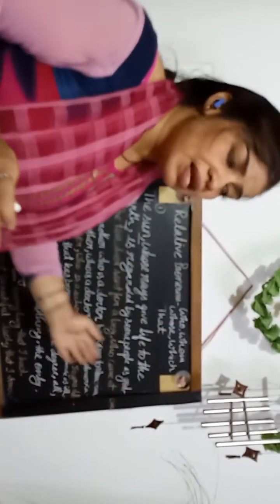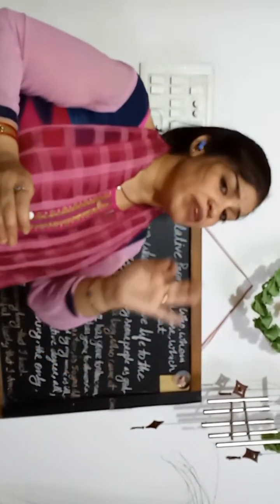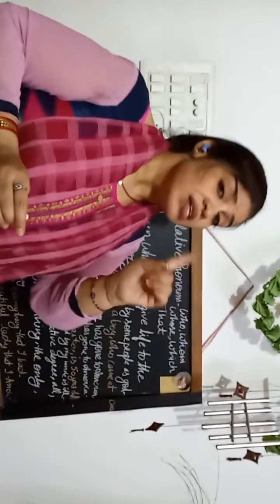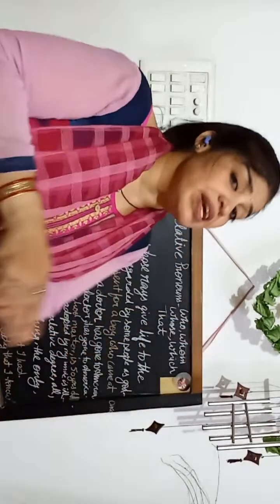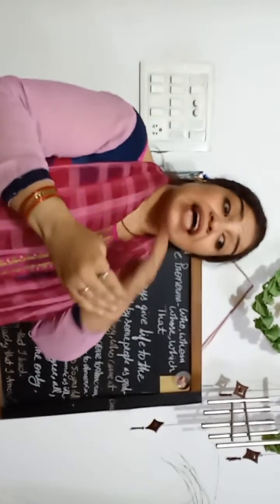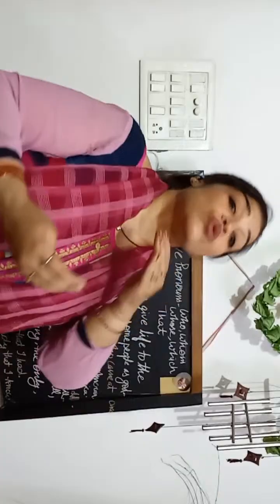In my previous classes, I told you the basic format for the sentence remains the same: subject plus helping verb plus object. And while enlarging our sentences, we add adjectives, adjective phrases, adjective clauses, and also adverb phrases, adverb clauses, and noun clauses.